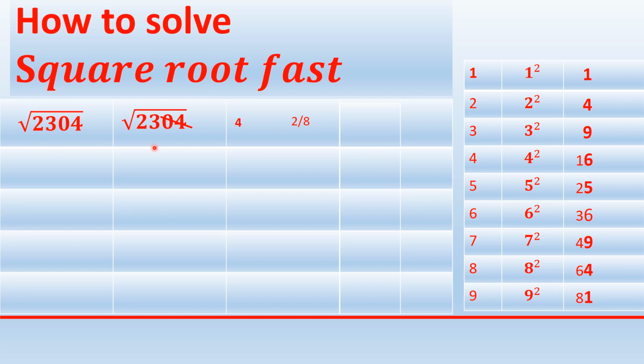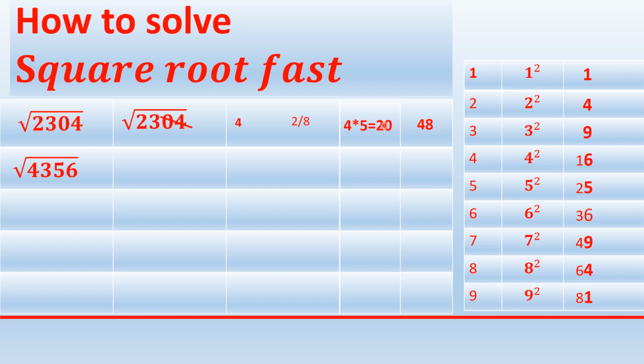After 4, the next number is 5, so we multiply 4 by 5. What we get is 20. Now 23 is bigger than 20, so we pick the bigger number. 48 is our answer. Let's try another one.